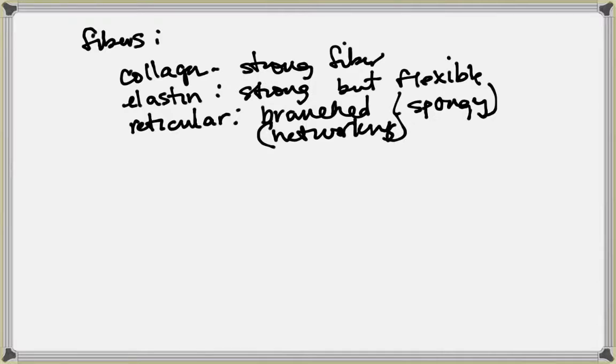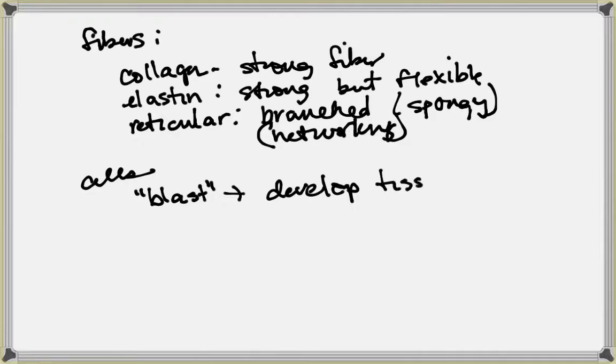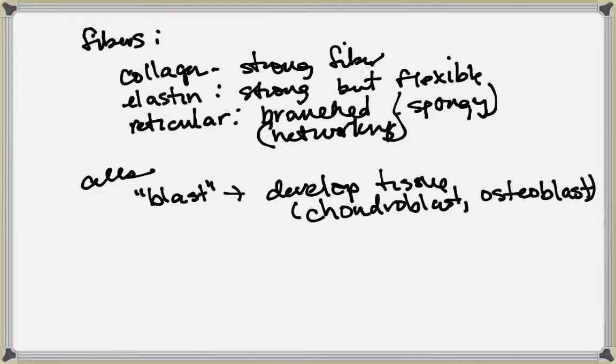And the last part are cells that you can see in there, right? So sometimes you'll see blast cells. These are used to develop the tissue. So you might see chondroblast. You might see osteoblast, which we've talked about osteo before. Or you might see fibroblast.